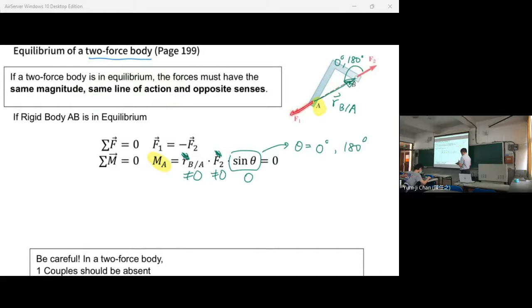F1 and F2 must have the same line of action. This line of action goes through AB. And of course, they have the same magnitude and opposite senses. These are easy. The key point is that they share the same line of action.